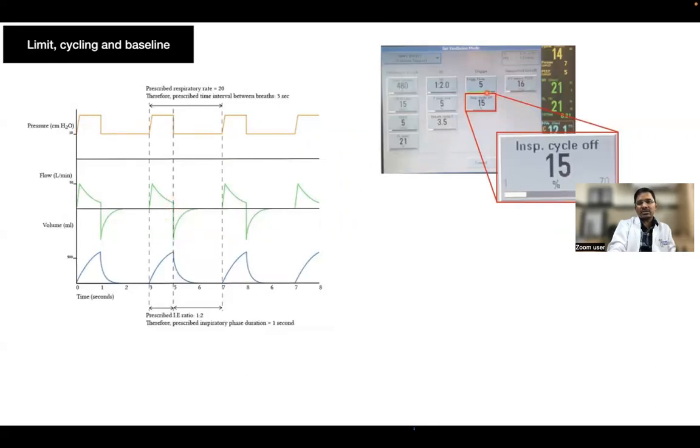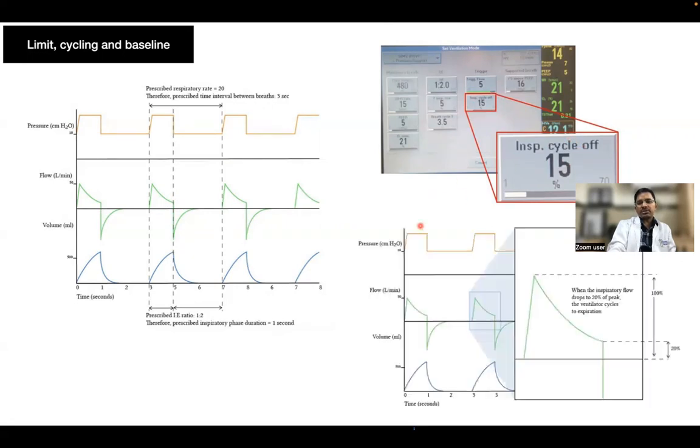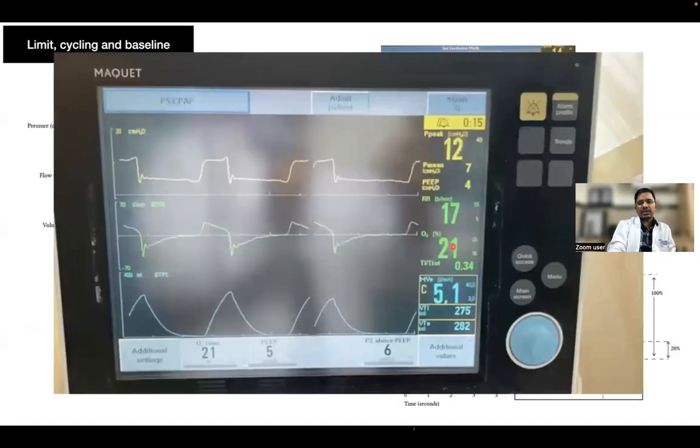If we set the inspiratory cycle off at 15%, what do you mean by 15%? If you set 20%, that means within 100%, when 80% of the inspiratory flow is completed, then the machine is telling it to go for expiration. That's called flow cycling. These are the things that happen because of time cycling.